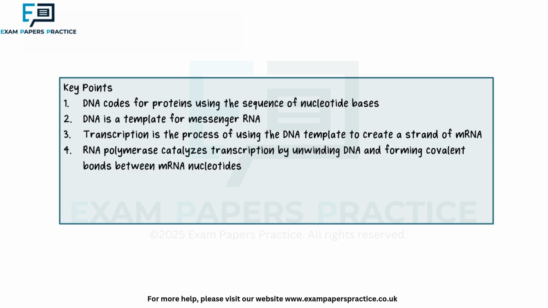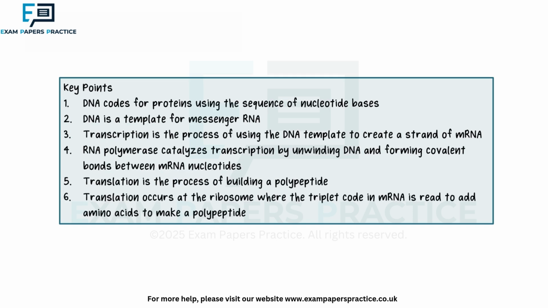RNA polymerase catalyzes transcription by unwinding the DNA helix and forming covalent bonds between mRNA nucleotides. Finally, we looked at translation, the process of building a polypeptide. We saw how this occurs at the ribosome, where the triplet code in mRNA, or codons, is read and amino acids are added to the growing polypeptide chain, 1 amino acid at a time.